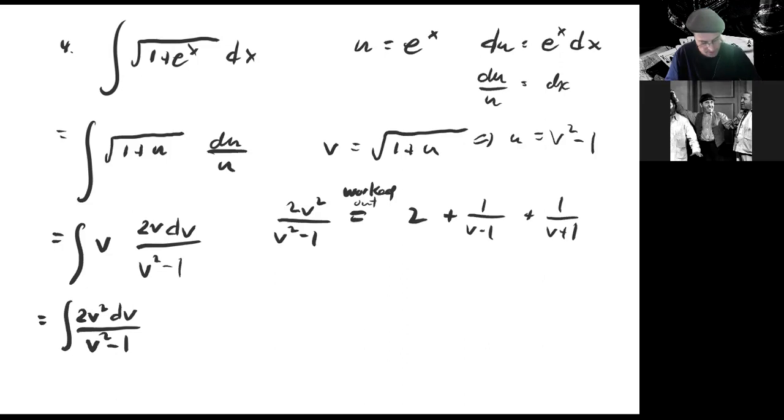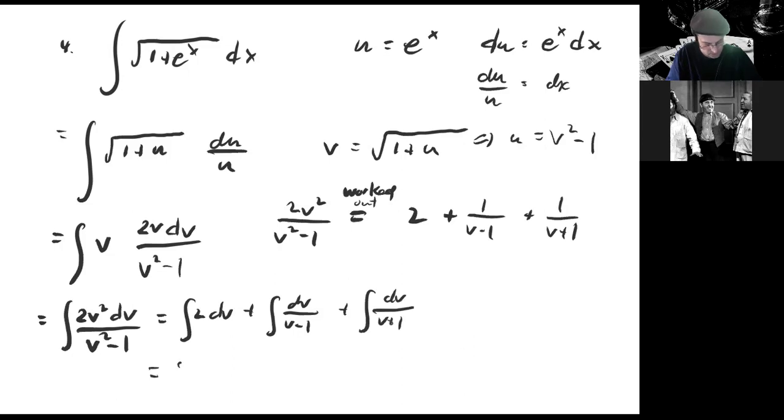So therefore this integral is the integral of 2 dv plus the integral of dv over v minus 1 plus the integral of dv over v plus 1. And that gives me 2v plus ln absolute value of v minus 1 plus ln absolute value of v plus 1. I still need more room, because I have to convert everything back into x.